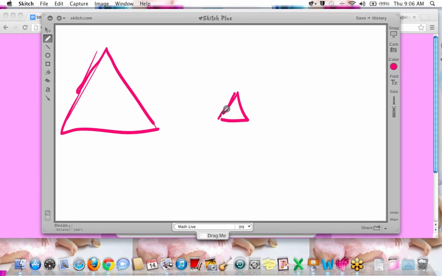Here's our second triangle. It's not great, but you get the point. So this side is 800 centimeters. And this side, so I'm looking at these similar sides, is only 40 centimeters. So how much bigger is this triangle than this triangle?